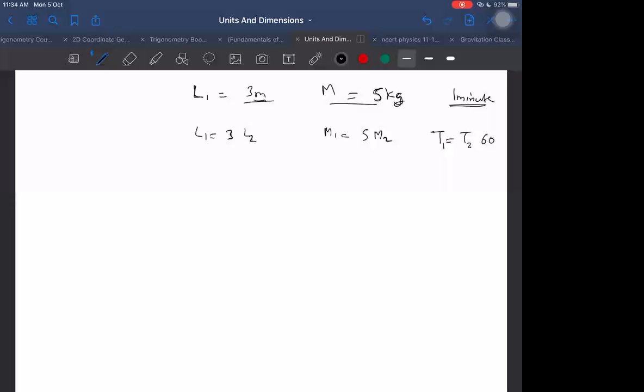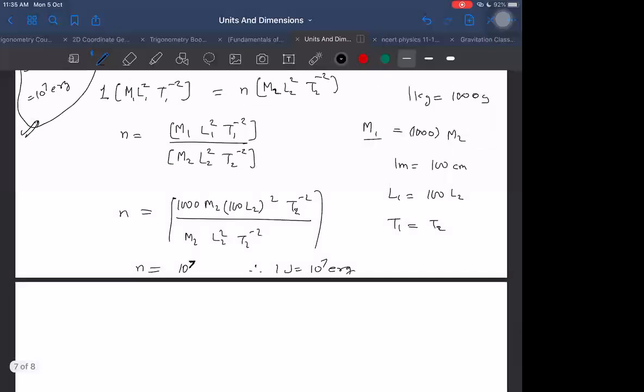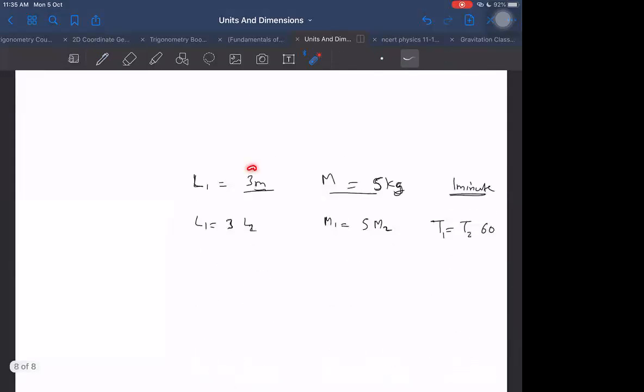Then again, we start the same way. This way only we will do it, the way we have done it here. But in this case now, in place of 1000 and 100, and in place of time, where there was nothing, now we have to put these new values which we are getting here, like 3, 5 and 60. And we will still be getting the answer.